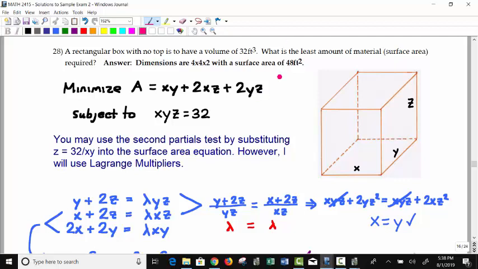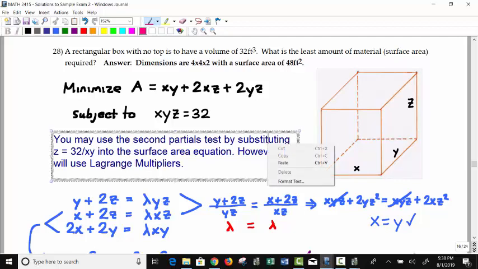Lagrange multipliers are your best way to go here for sure. I'm mentioning that you could use the second partials test, but you don't want to. Any optimization problem on the exam, you should use Lagrange multipliers. But obviously you have to use second partials when we're finding relative min, relative max, and saddles.